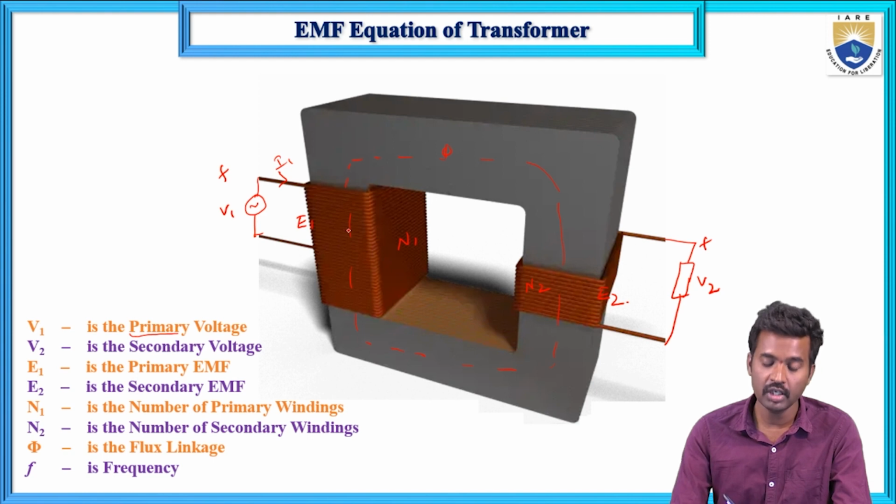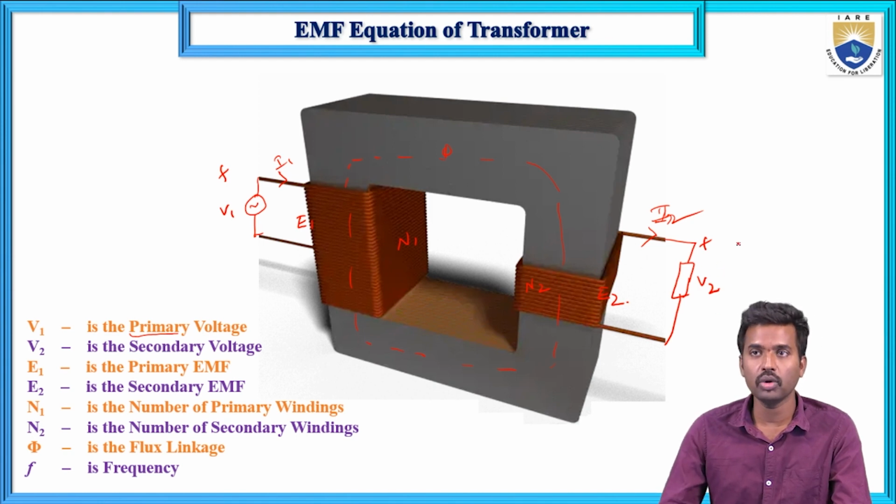This flux links with the primary winding, and as it is a magnetic material, it circulates in the magnetic core and also links with the secondary winding, and an induced EMF will be developed in the secondary winding according to Faraday's law and the mutual inductance concept. If you connect the load, current flows in the secondary winding; that current is I2, and the terminal voltage is V2.